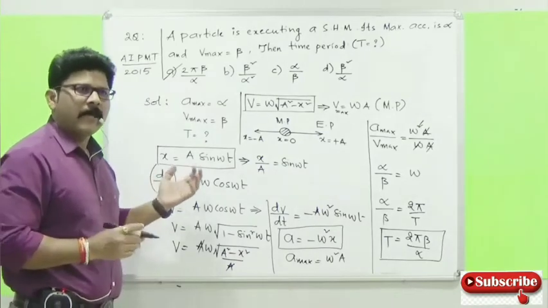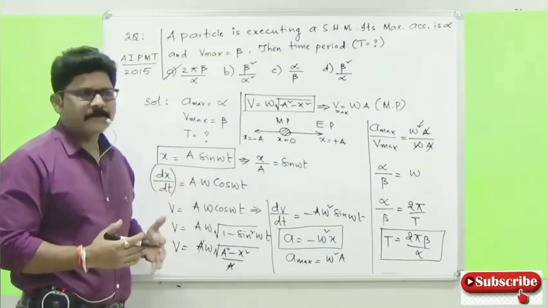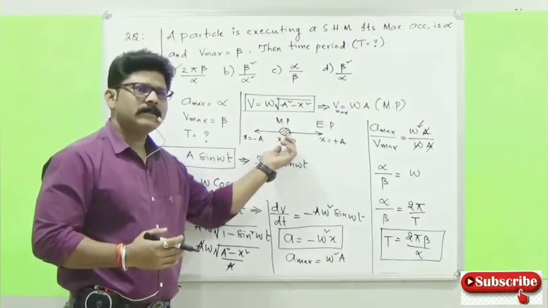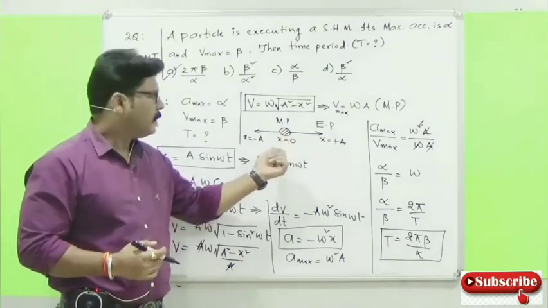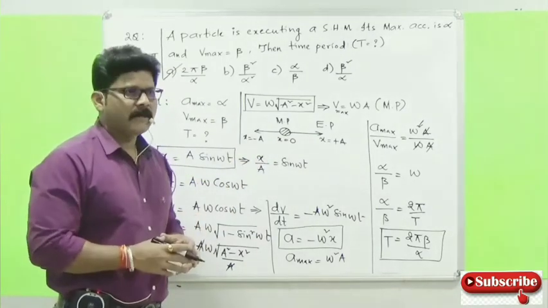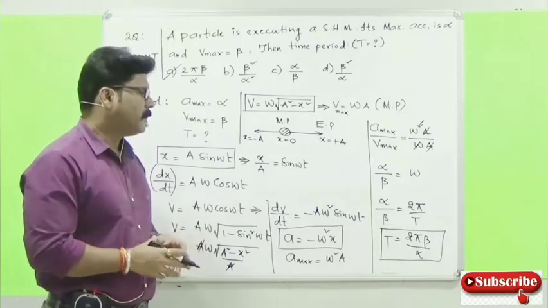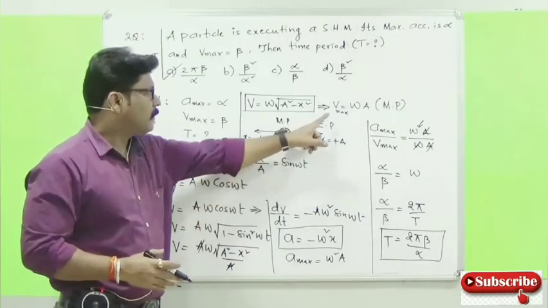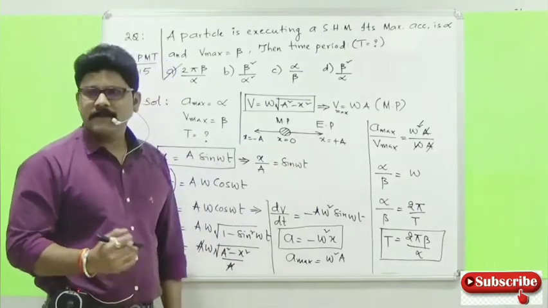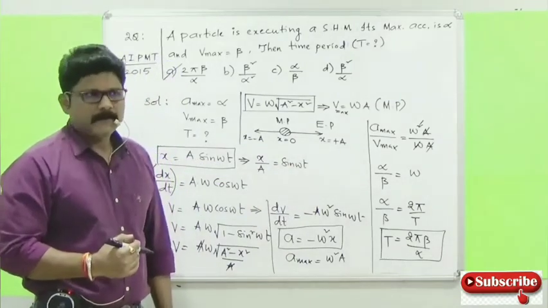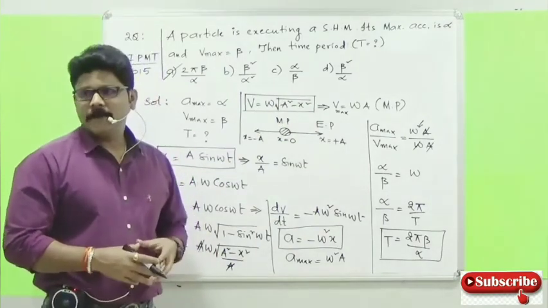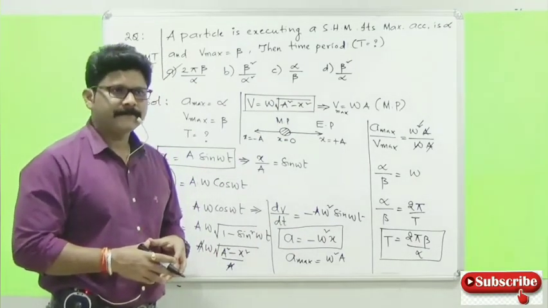If you know this, and basic mathematics to differentiate it, and next, that any body starting from the mean position has displacement 0, then substituting those values, we get that at the mean position velocity is maximum, and at the extreme position acceleration is maximum. If you know these two things, simply substituting will give the answer. Is it clear?